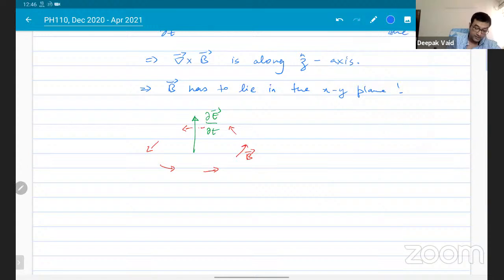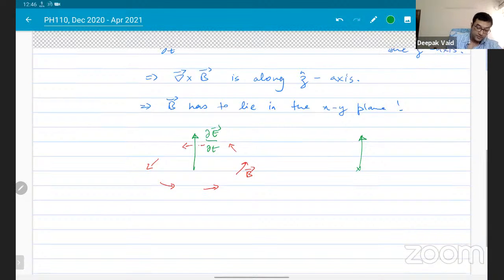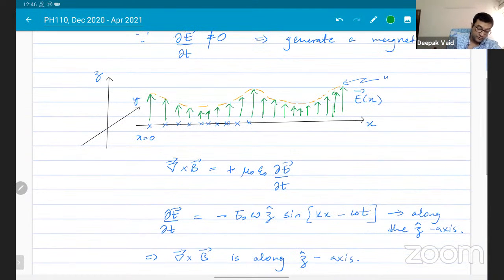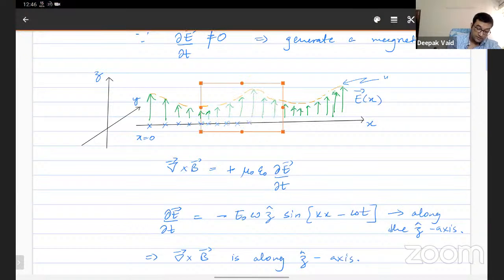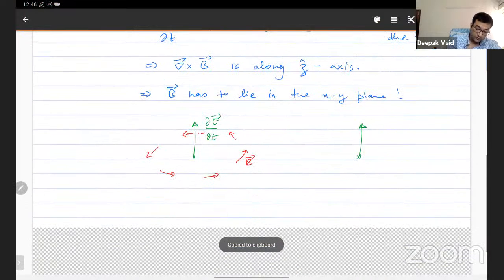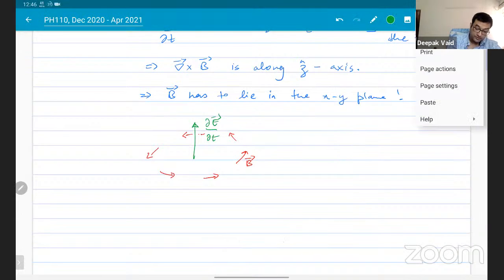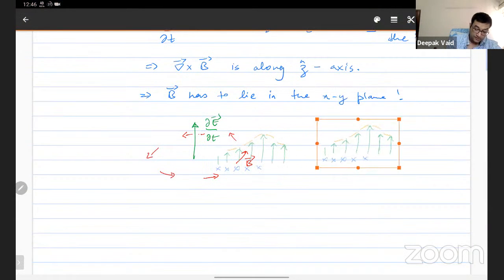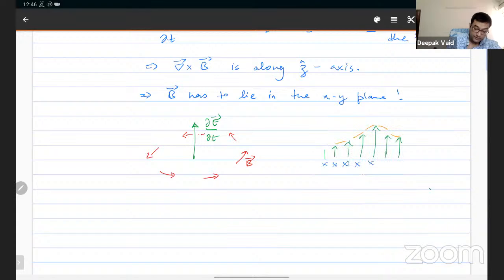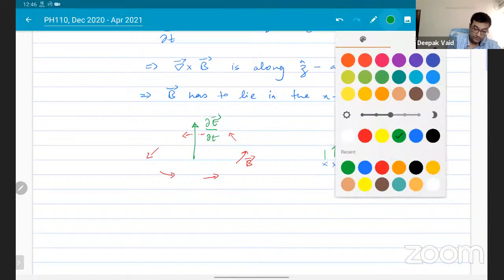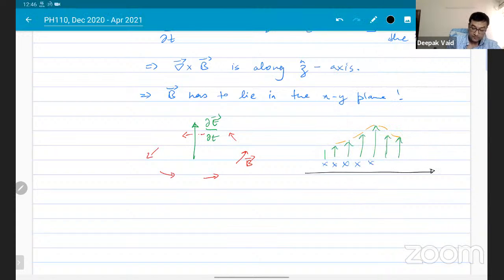How do we do that? Again, we look at a fixed point, so we have the same picture as before. I'll just copy a small portion of this. I have the same picture as before, along the x-axis.